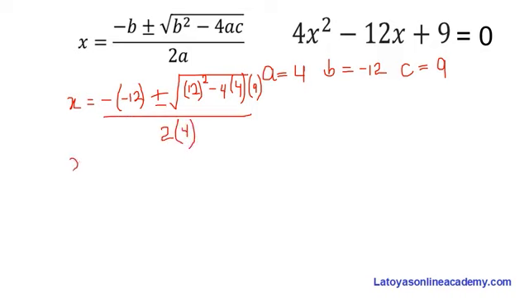Now let's simplify. X is equal to a minus multiplied by a minus is a plus. So we are getting positive 12 plus or minus the square root of what is minus 12 squared? Minus 12 multiplied by minus 12 is going to give us 144. We have minus 4 by 4. That is going to give us minus 16.